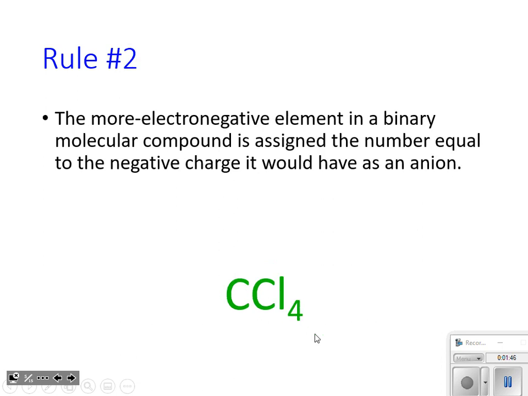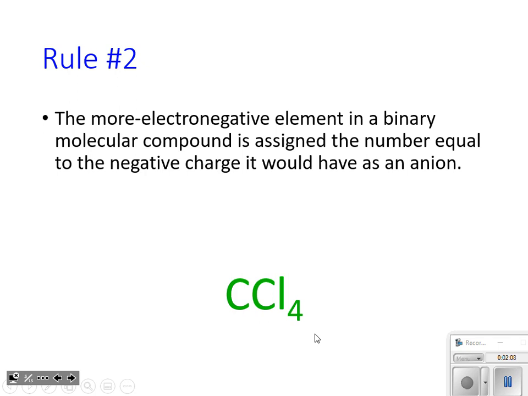Rule number 2 states that the more electronegative element in a binary molecular compound is assigned the number equal to the negative charge it would have as an anion. So I guess we're going to need our periodic table. So take out your periodic table.